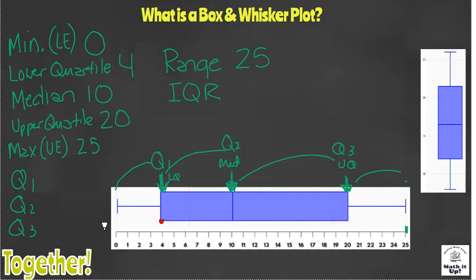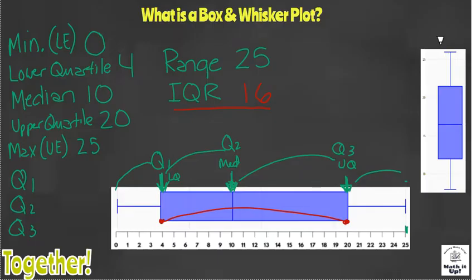And that range is not the full range of data, it is the range of data from the lower quartile to the upper quartile, and it's just a difference. So we go from 20 to 4 or 4 to 20, and we know that the absolute difference in those numbers would be 16. So our interquartile range is 16, and that's an important number too, to know what that middle 50%, because this is 25%, this is 25%, it's important to know what that middle 50% is. So that's another number that we look at.